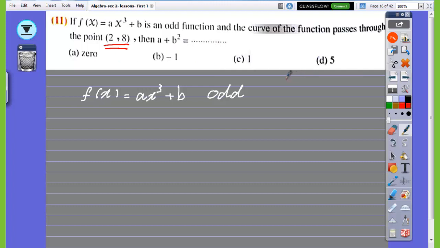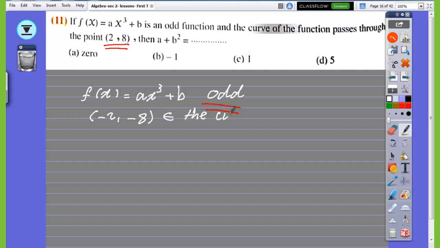Okay, the function is odd and passes through the point (2, 8), so the curve must also pass through the point (-2, -8) according to the definition. So the point (-2, -8) belongs to the curve itself.